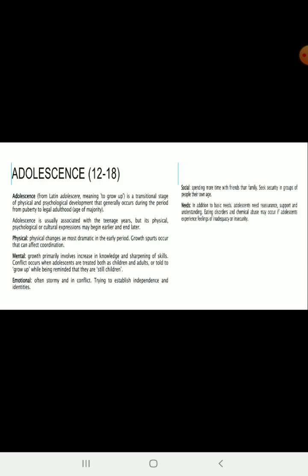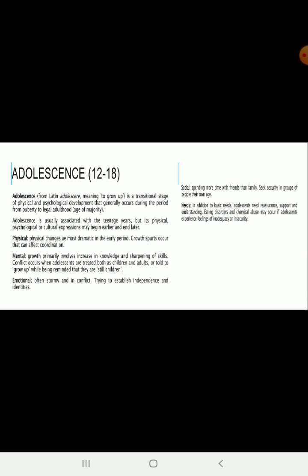Adolescence, 12 to 18 years. It is the transitional stage of physical and psychological development that generally occurs during the period from puberty to legal adulthood. In that time, physical changes are most dramatic in the early period. In mental growth, there is a permanent increase in knowledge and sharpening of skills. Emotional life is often stormy and in conflict, trying to establish independence and identity.